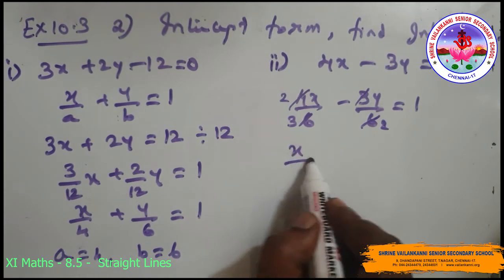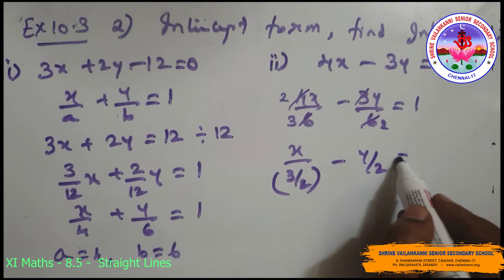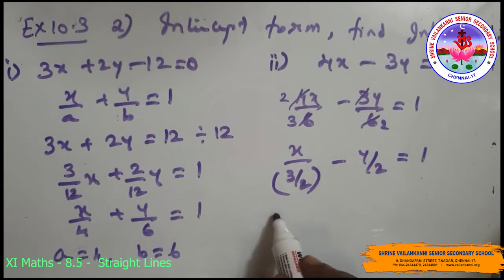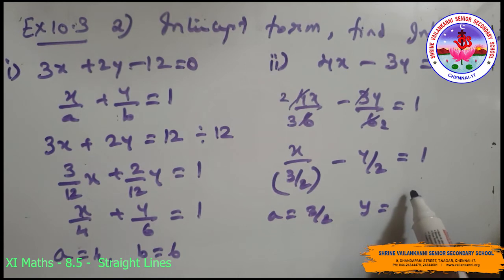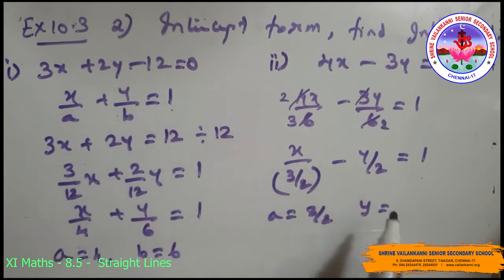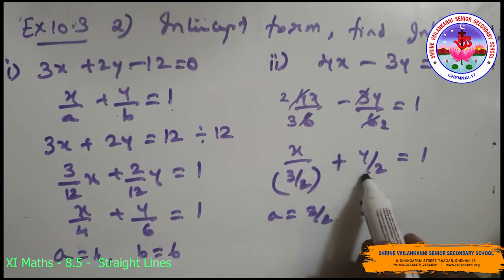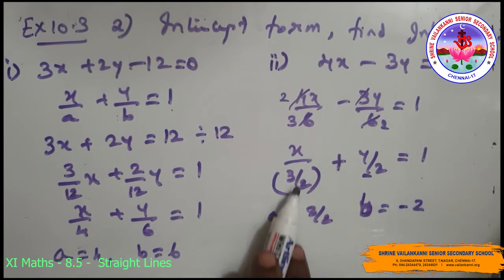So we have x/(3/2) - y/2 = 1. Here a is 3/2, and we have to get it in the form of x/a + y/b = 1. So we can change this as plus and this is -2. So b intercept is -2. A is 3/2 and b is -2.